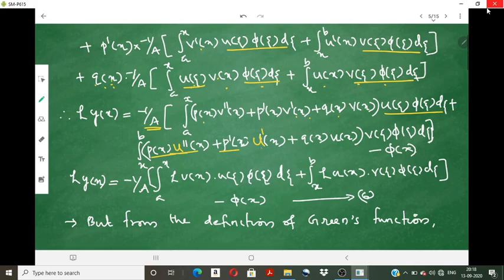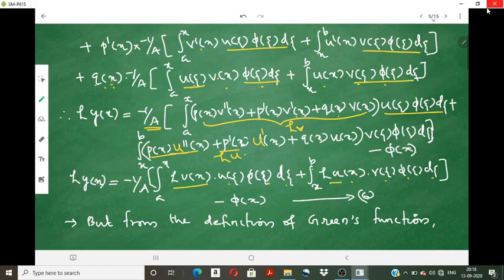Sorry, this is not a v, this is u. So the factor in this bracket is LV, and this is LU. So we can rewrite the integral as minus 1 by a integral a to x LV of x u theta phi theta d theta plus integral x to b LU of x v theta phi theta d theta minus phi of x.